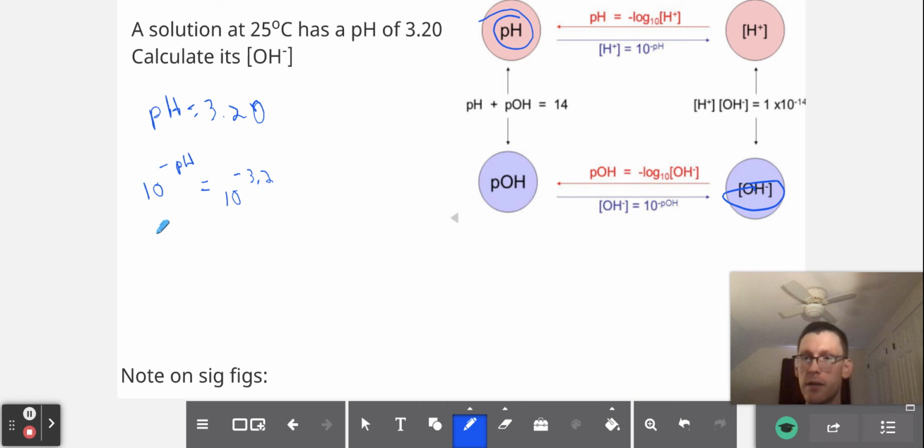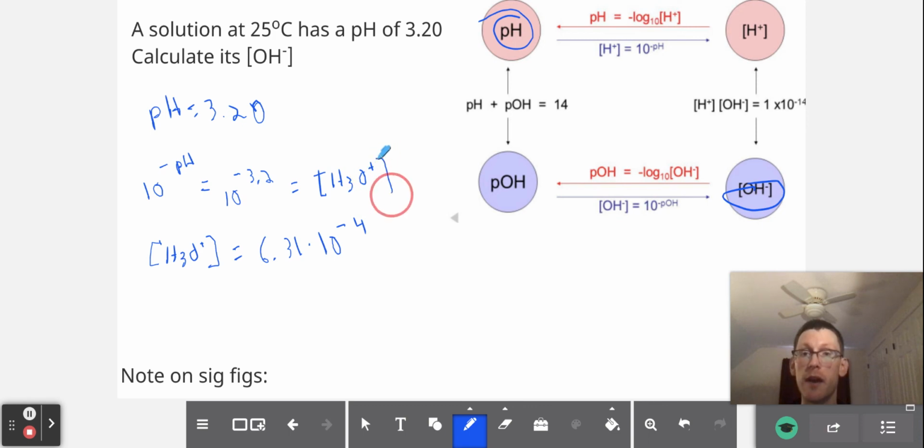And what we get here is that the H3O plus, which is equal to 10 to the negative pH, well, that is going to be 6.31 times 10 to the negative fourth power. So you just take 10 to the negative both sides to get from pH to concentration of H3O plus. I'll even put this in here just to make it nice and clear.